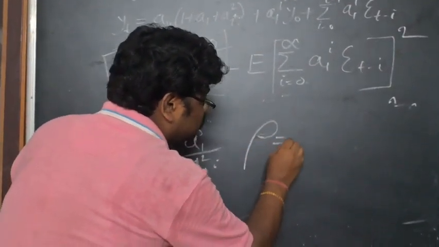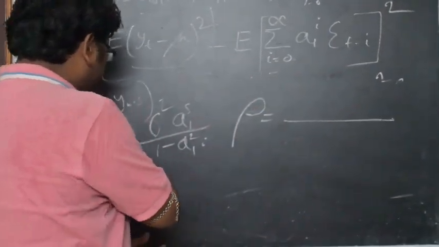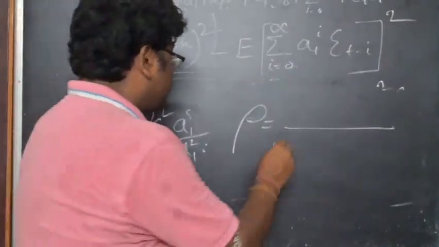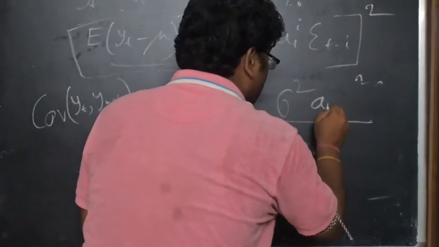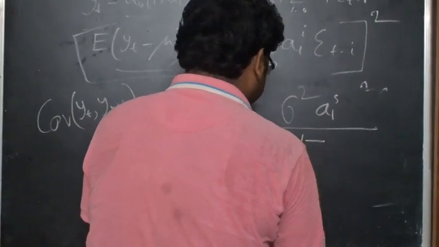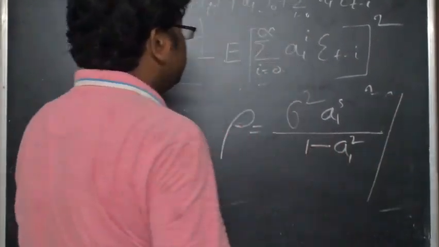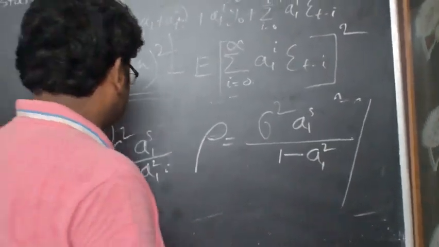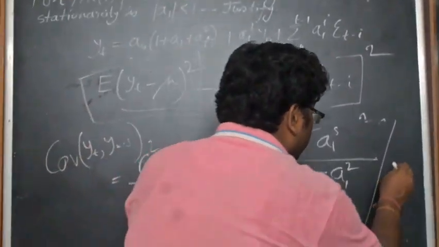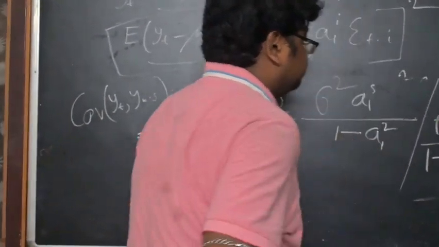So what is the correlation coefficient? As we know, it is the covariance between yt and yt minus s, which is sigma square a1^s by 1 minus a1 square, divided by the variance. What is the value of the variance? The value of the variance is sigma square by 1 minus a1 square.